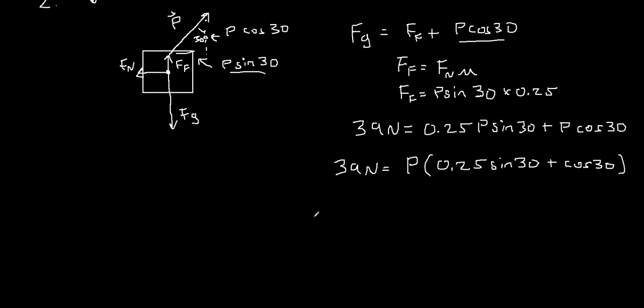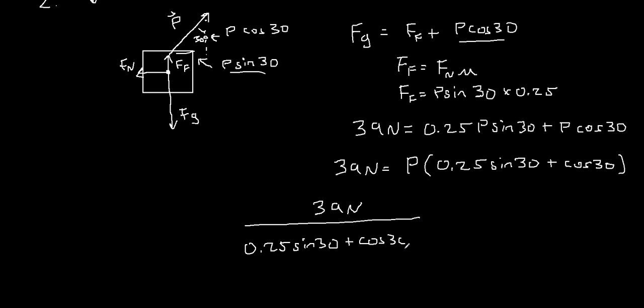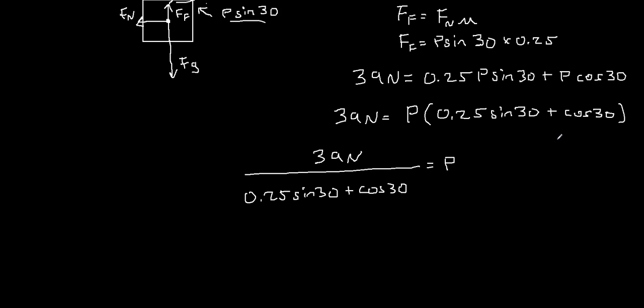So 39 newtons over 0.25 times sine 30 plus cosine 30 equals P. If you plug that into your calculator, make sure you're in degree mode.